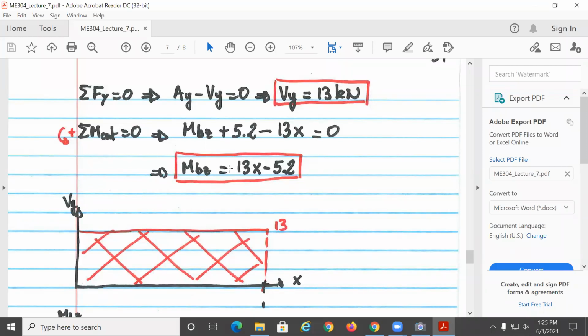So bending moment Z at X equals 0 will be minus 5.2. Here I'm just going to put the magnitude. So let's say bending moment BZ is 5.2 kilonewton meters.